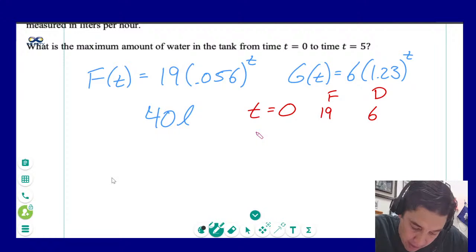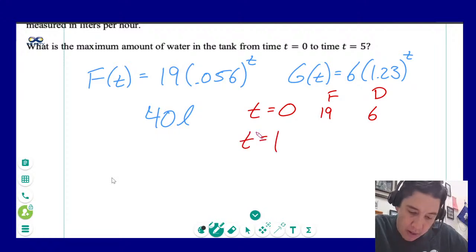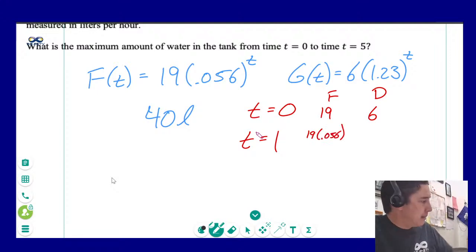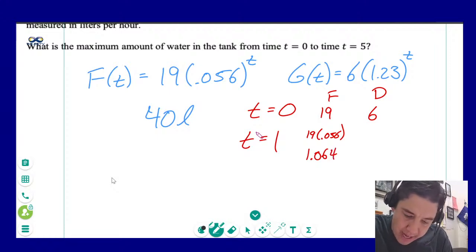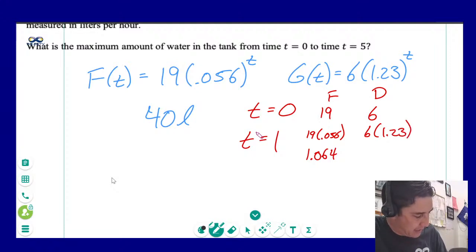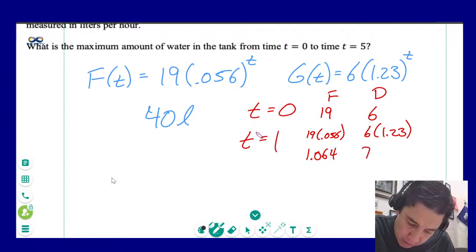For example, at t equals 1, we're going to be filling it at 19 times 0.056, which is 1.064. And we're going to be draining at 6 times 1.23, which is 7.38.